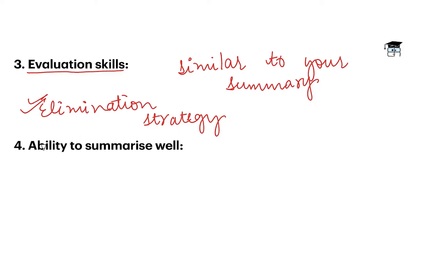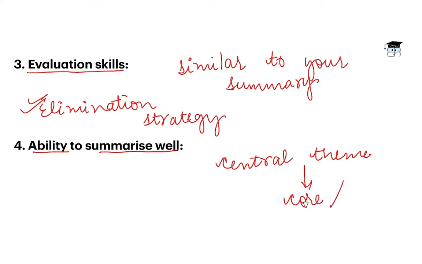Okay. The last trick deals with the ability to summarize well. Now, your task is to recognize the central theme of the passage. Right. Now, the central theme represents the core or the major objective, as we discussed before, of the paragraph. Remember, the summary of the paragraph should contain all the key facts that are listed in the paragraph.